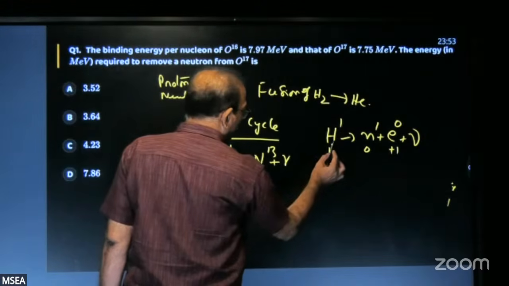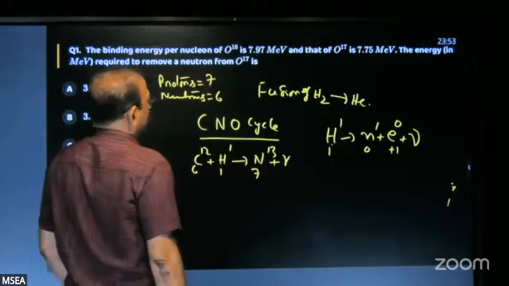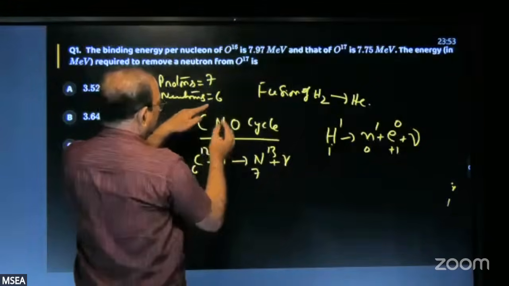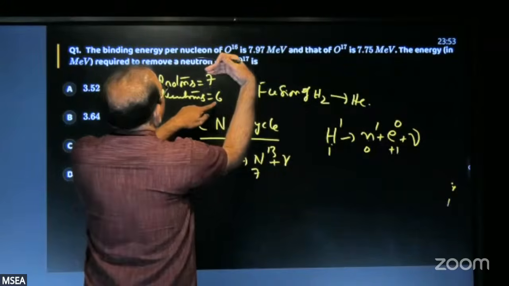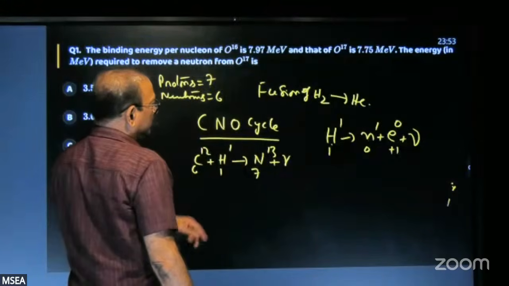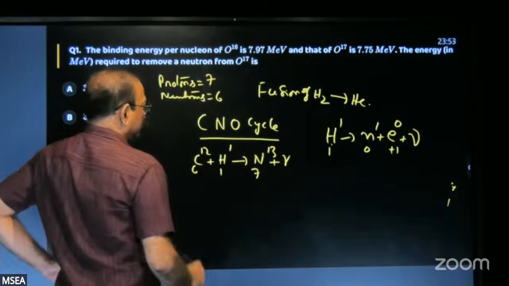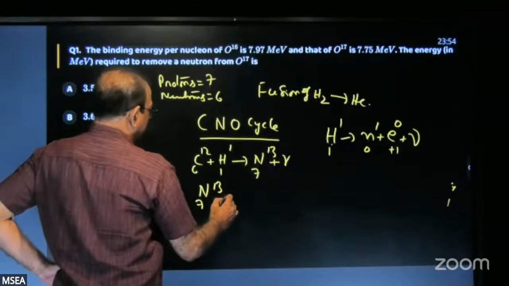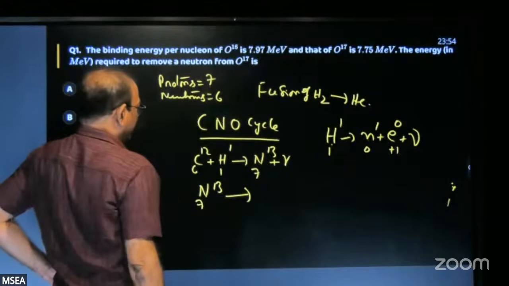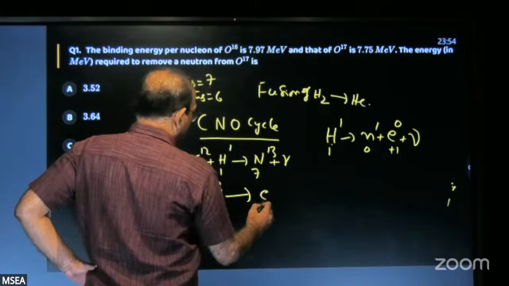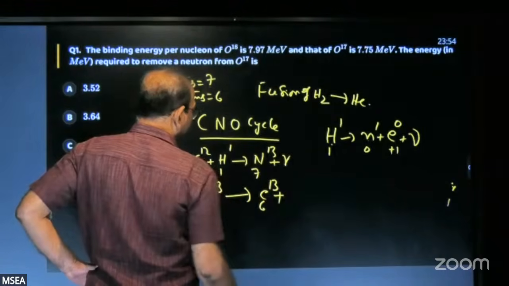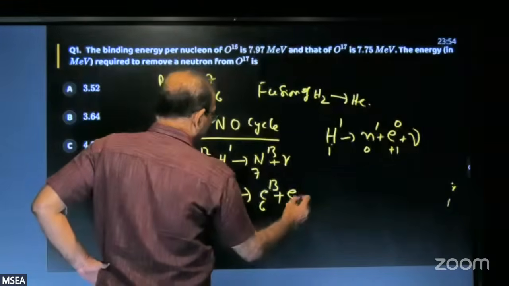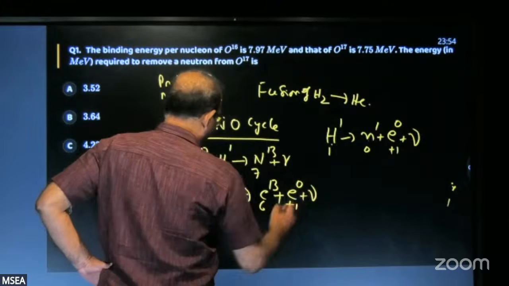Then one proton is converted into a neutron. Out of 7 protons, one proton is converted into a neutron. So neutron number becomes 7, proton number becomes 6, and the total mass number remains 13. So this nitrogen-13 disintegrates into carbon-13, emitting a positron and a neutrino.